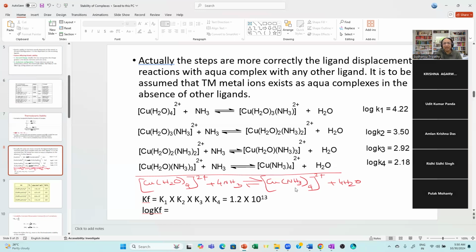So d9 configurations are very prone to Jahn-Teller distortion, that we'll know when we study JTD.